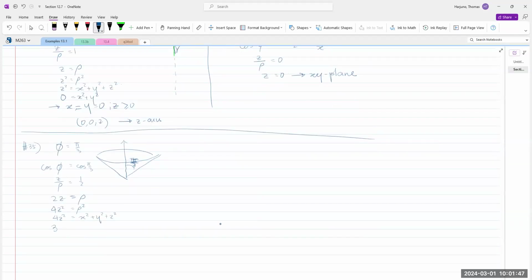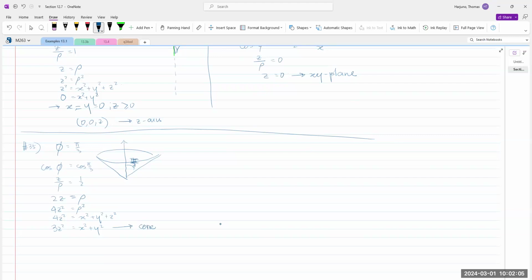So this is 3z squared equals x squared plus y squared. Now from 12.6 or 12.5, I don't remember, we know that this is actually a cone.